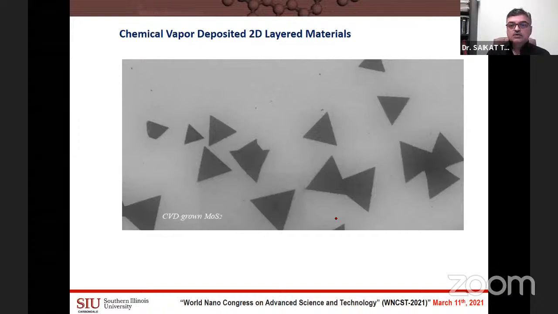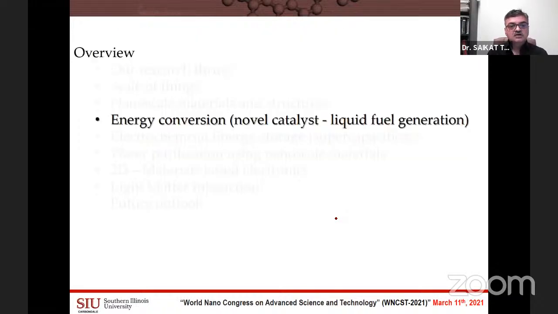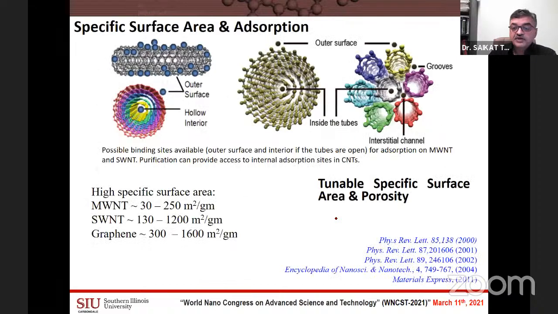Okay, now let's move on to the next topic, that is energy conversion. And I will show you something which was a surprise to us a few years ago. Basically, we utilized carbon nanotubes in a process which is known as the Fischer-Tropsch process.